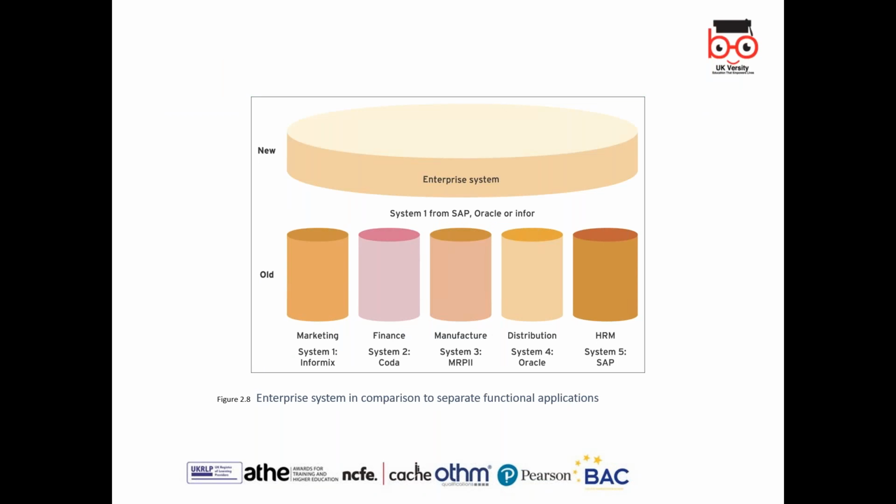So the image just simply shows at the top we have the enterprise system, which has to integrate all marketing, finance, manufacture, distribution, and HRM elements all together.